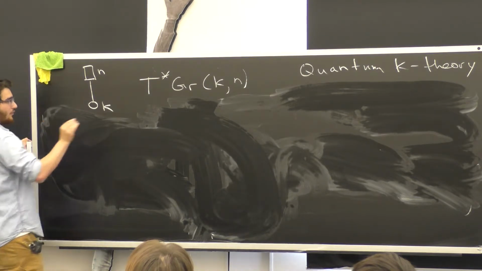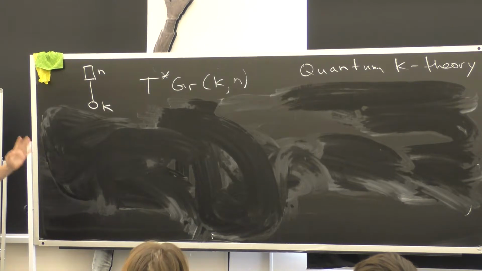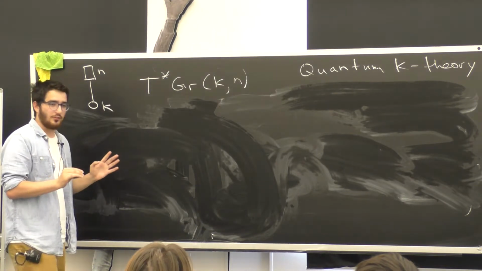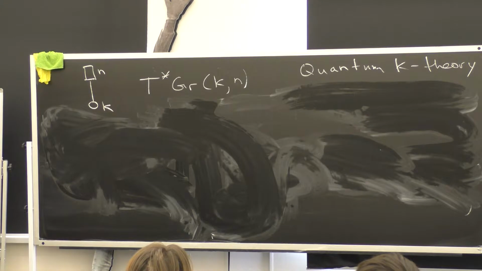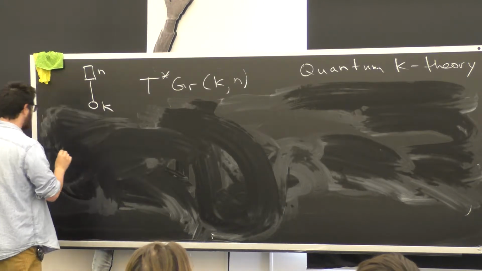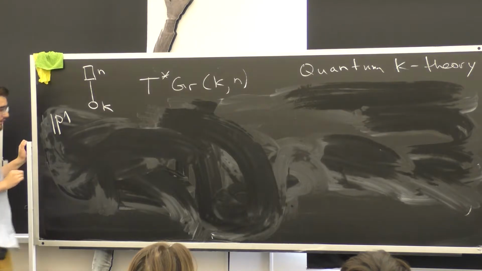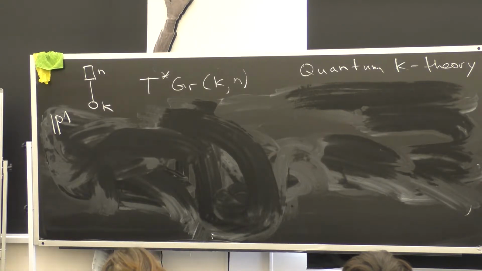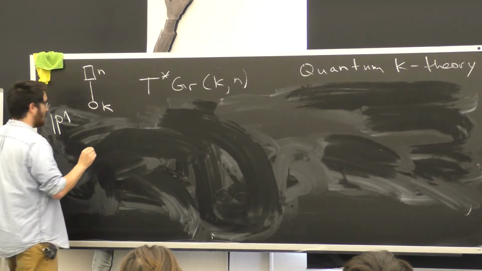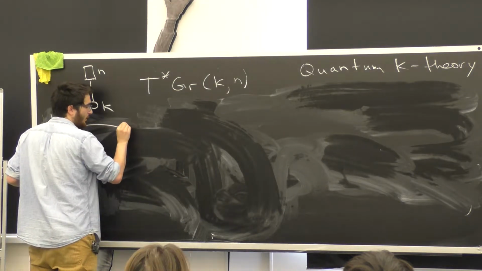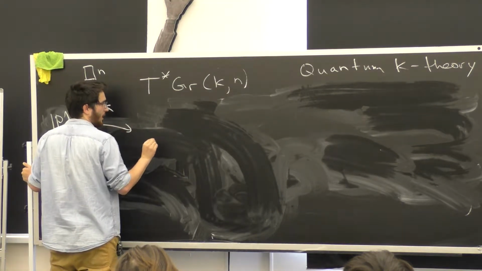So to construct, like in quantum cohomology, quantum K-theory is about counting curves, although that has not been talked about in the school at all, so I'm going to say some things about it. So imagine you have P1 that just lives separately from all you've been looking at. And this P1, you can map it to your variety.